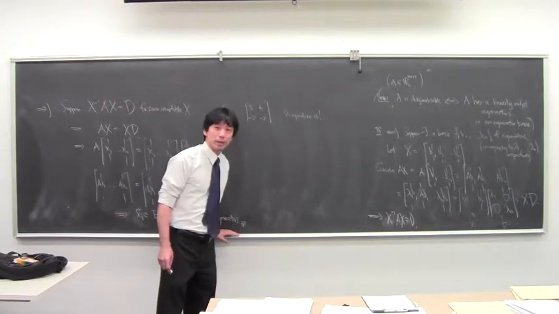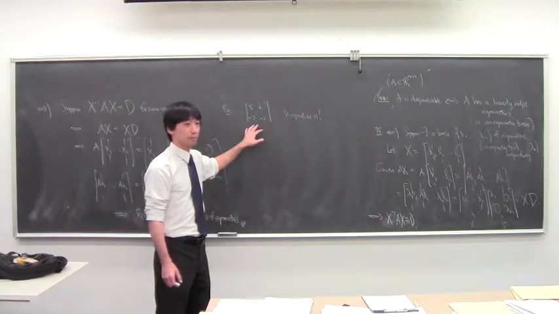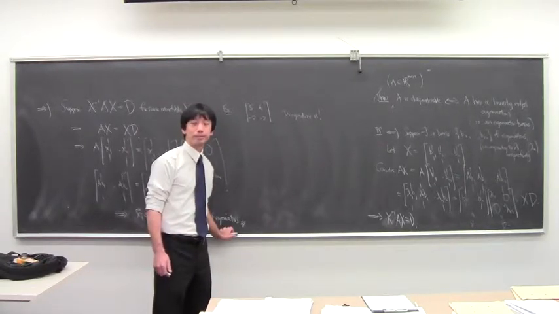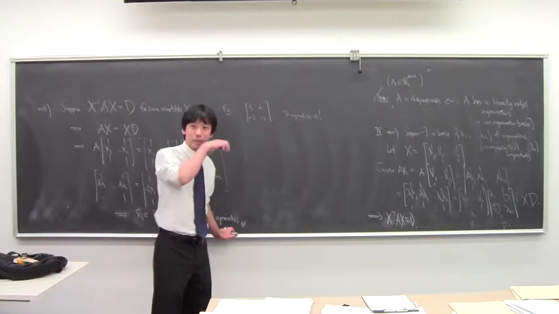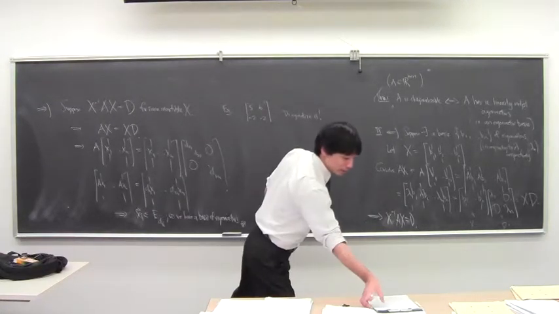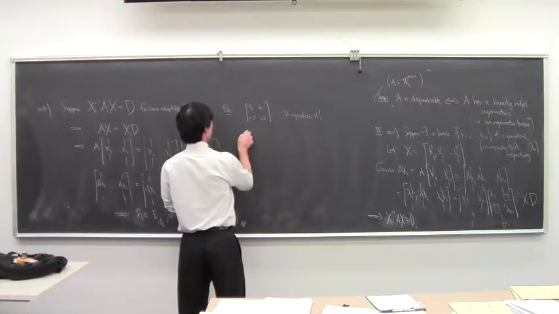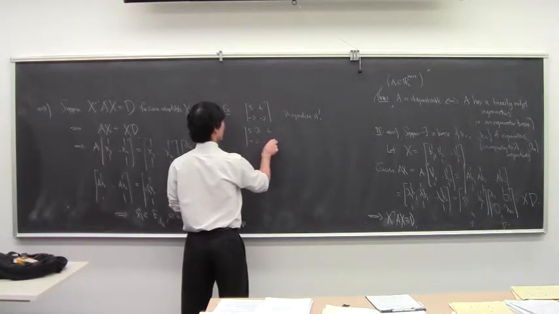Okay, so what do you need to do? What's the first thing we should do? Finding the eigenvalues, right? So let's do the characteristic polynomial. You take the determinant of 5 minus lambda, 6, -2, -2 minus lambda.